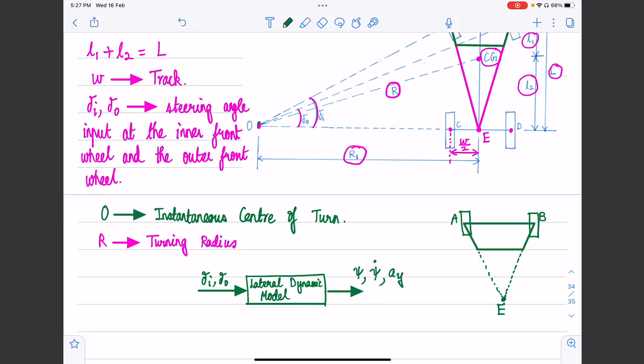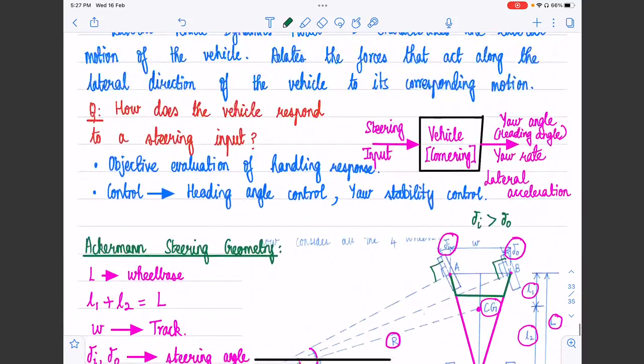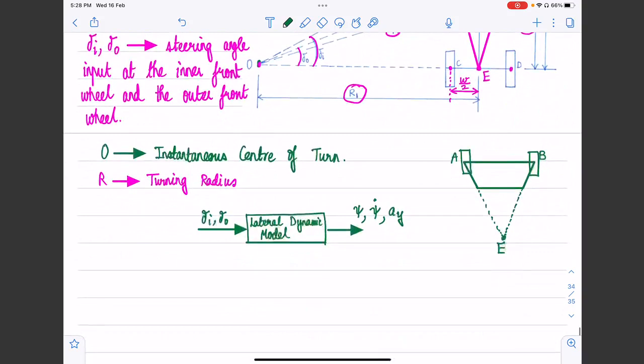Psi is the yaw angle. Yaw angle is denoted by psi, yaw rate is denoted by psi dot, and lateral acceleration is denoted by a subscript Y. Those are the symbols I am using here, and you can see that those are the outputs.